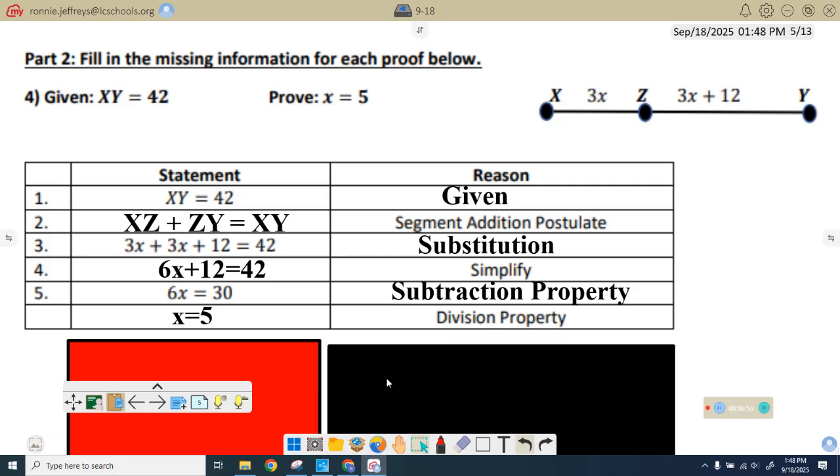Alright, on the two proofs that you have tomorrow, one of them is going to be like it was on the front. The other one is going to be very similar to number 4 and number 5, except all the statements are going to be blank. You're going to be given all the reasons.